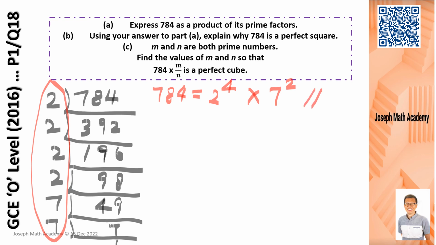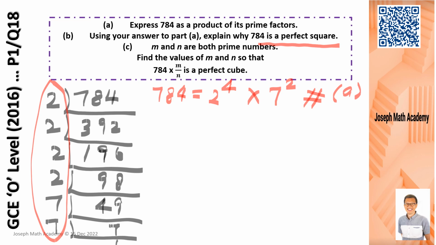Okay, we have already answered part A. Now to do part B, we have to use the answer from part A, and we are supposed to explain, to prove that 784 is a perfect square.